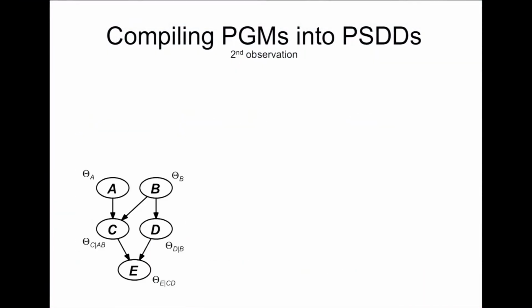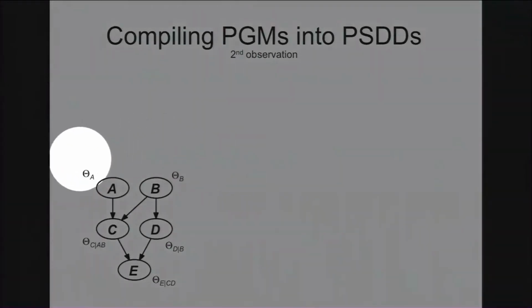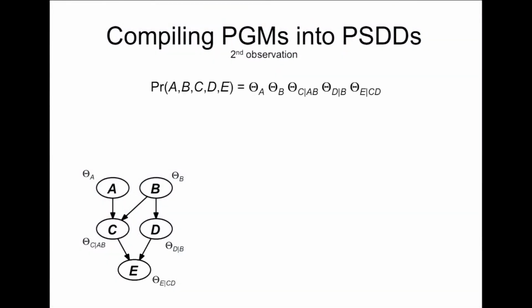Second observation, which you already know. If you have a probabilistic graphical model like a Bayesian network, here's an example. It's made up of these factors, 5 of them. I can get the global distribution or factor specified by this model by doing what? By multiplying these guys, correct? We know that. Now, you will not do this if these factors were in tabular form because you're going to blow up.